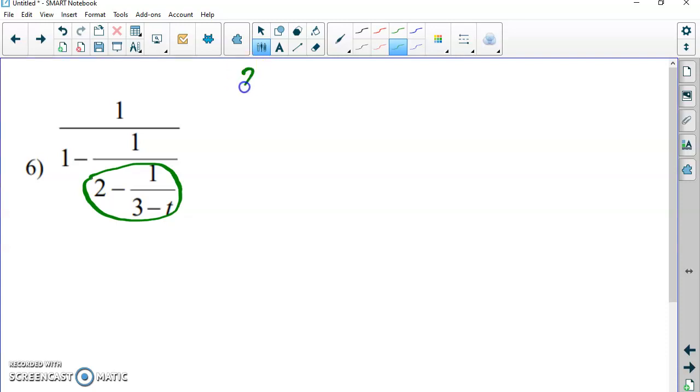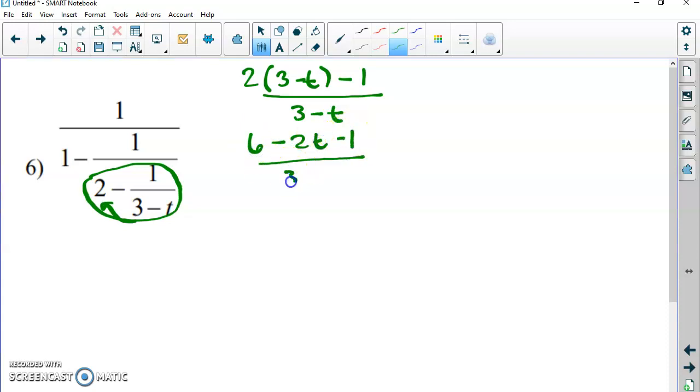So in green up here, 2 times 3 minus t minus 1 all over 3 minus t. I just took the 3 minus t and I'm multiplying it by 2. So this is going to be 6 minus 2t minus 1 all over 3 minus t.